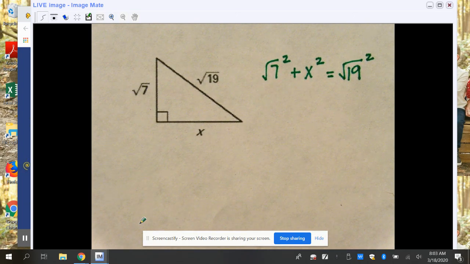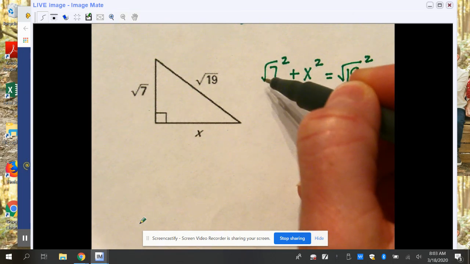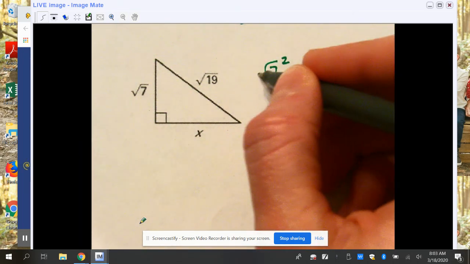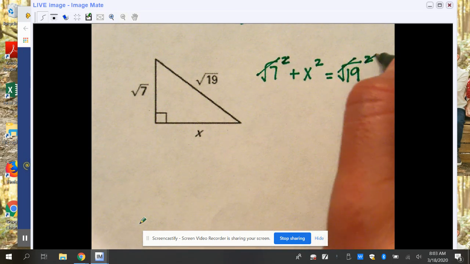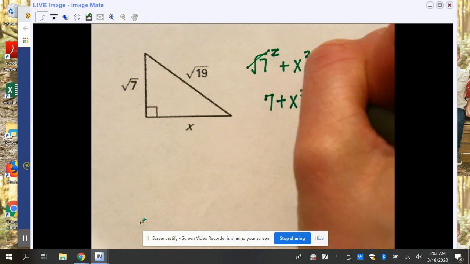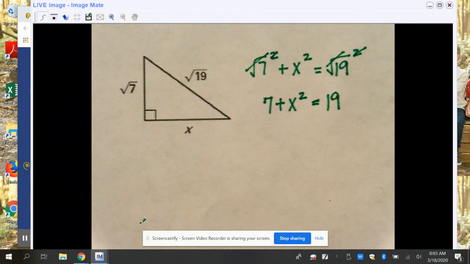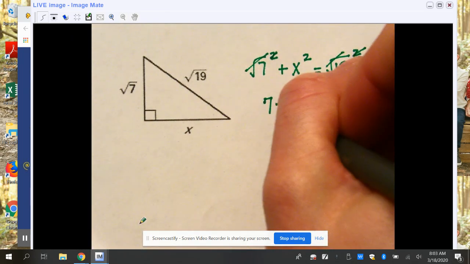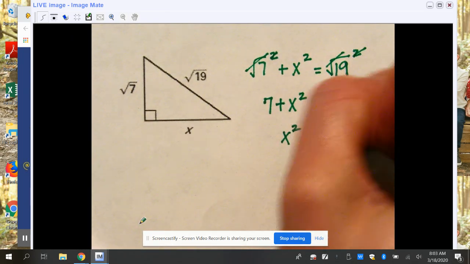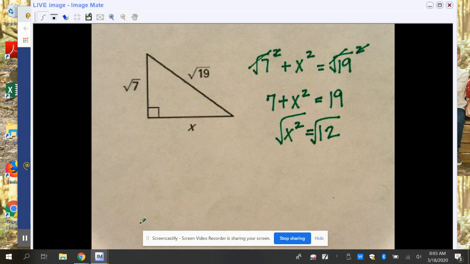And so now we have to remember here that when we square radicals, since these two operations are inverses of each other, they cancel each other out. So this is just going to be 7 plus x squared equals 19. 19 minus 7 is 12. And now I'm going to take the square root of both sides.